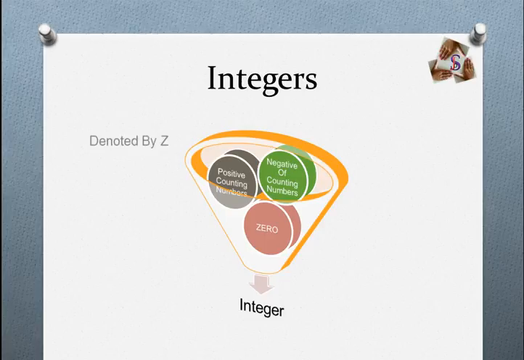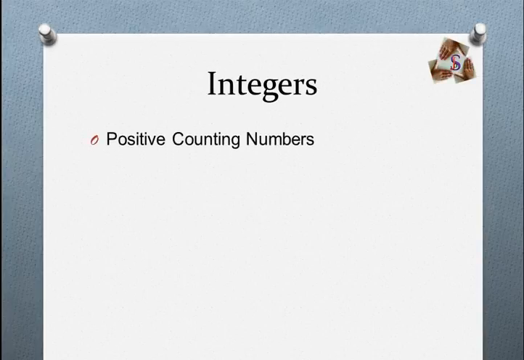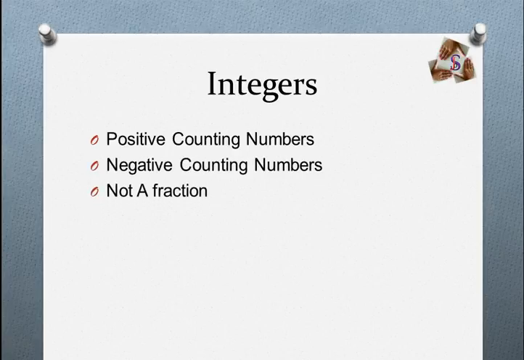It is represented by letter Z. Therefore, integers consist of positive counting numbers, negative counting numbers. It will never be a fraction and it will not be a decimal.